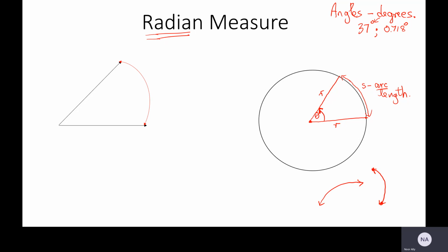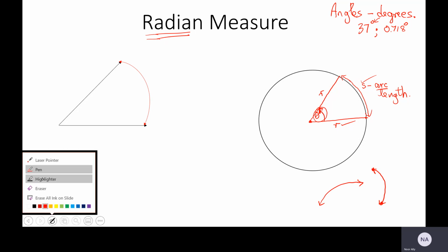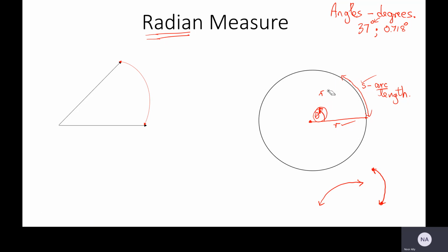We know that it's curved. But what is important here is that that arc length, this radius, directly affects that angle theta. In other words, the magnitude of that angle theta is going to depend on the arc length and on the radius.